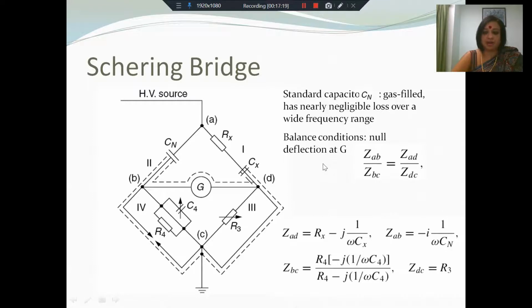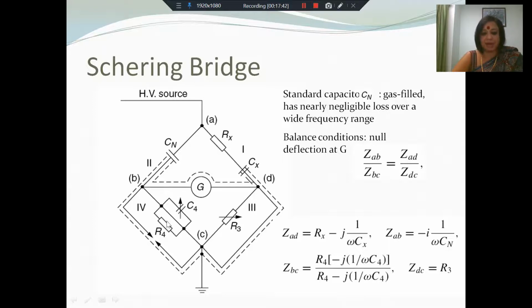You need to obtain the balance conditions. Balance conditions are obtained when you have a balance between the arms of the bridge. So ZAB by ZBC should be equal to ZAC by ZDC. What is ZAB? ZAB is this capacitor, therefore minus j1 by omega Cn. ZAC is Rx minus j1 by omega Cx.